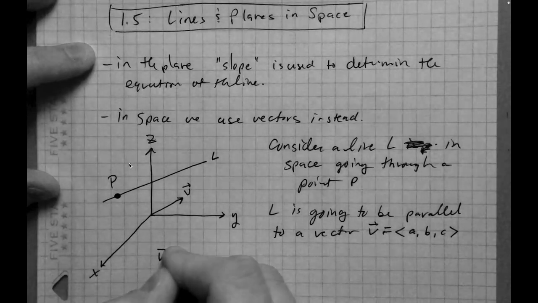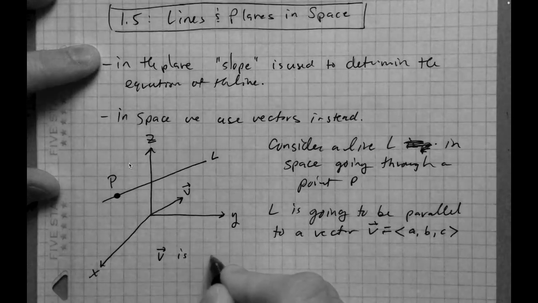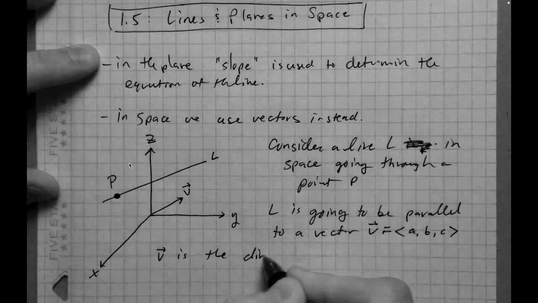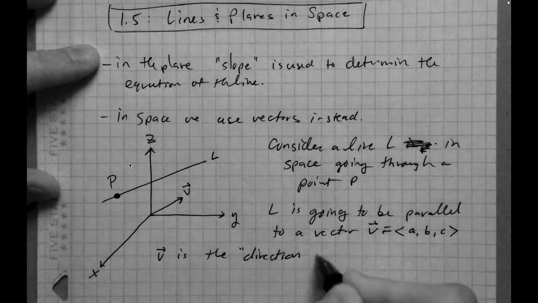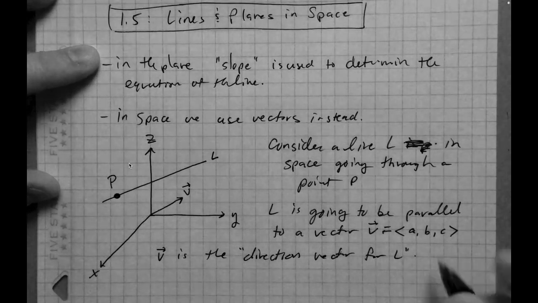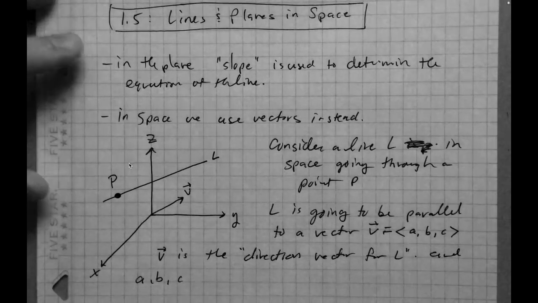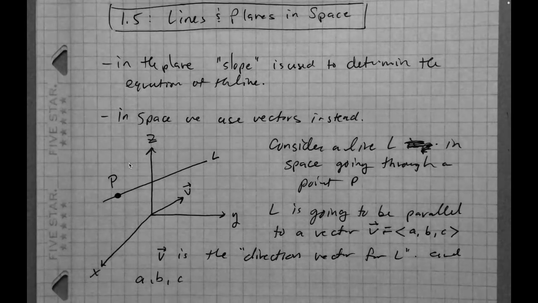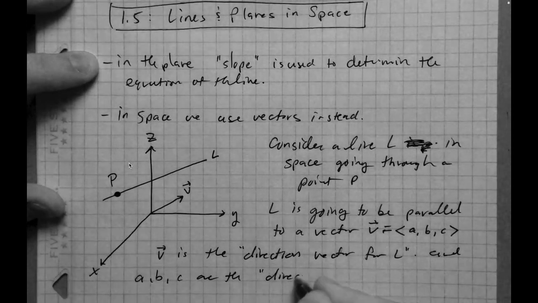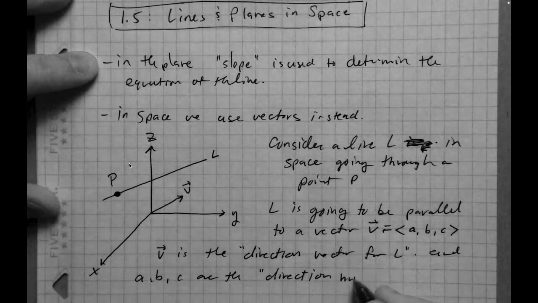Now, v has a name with regard to L and is called the direction vector for L. And a, b, c, the components of v, are called the direction numbers.